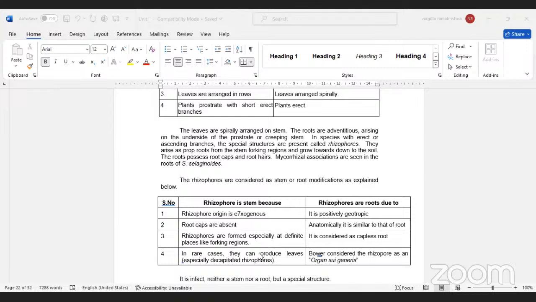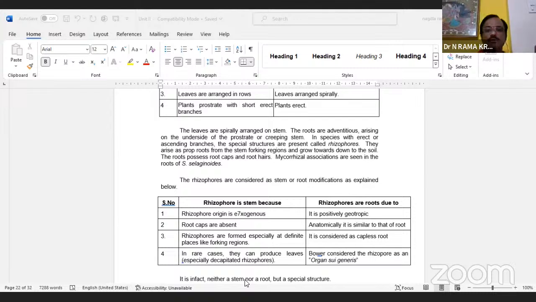What is the meaning of rhizophores? Rhizophores are specialized root-like structures found in some Selaginella plants. What are the main functions of the rhizophore? They are anchorage and support, nutrient and water absorption, and vegetative propagation.